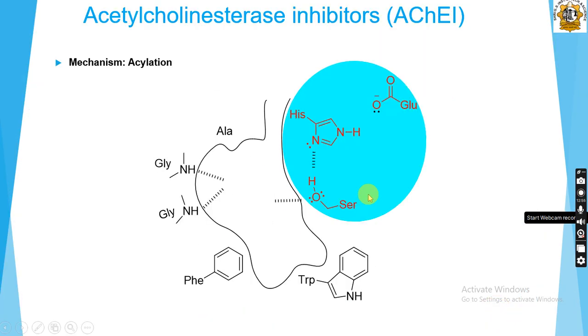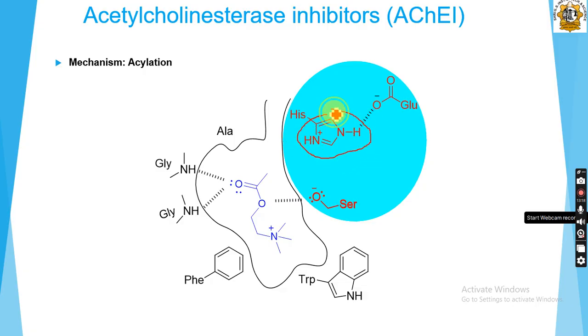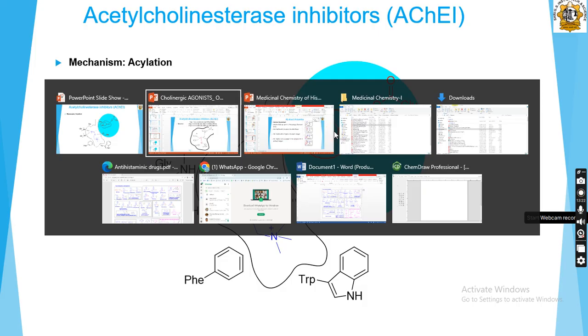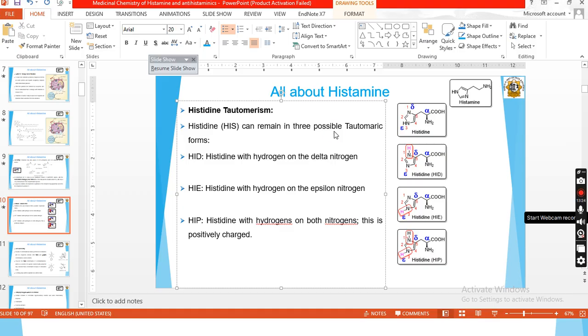As I mentioned, imidazole can form a tautomer. This one I'm talking about, this NH, this N. Based on whether it is acidic or basic, it will abstract. This is the bi-protonated form, as we are studying here.